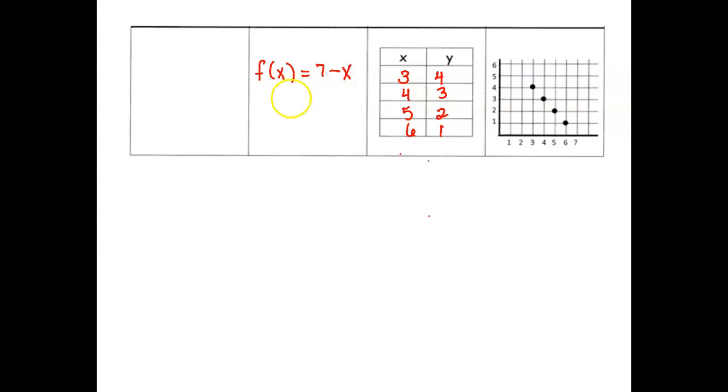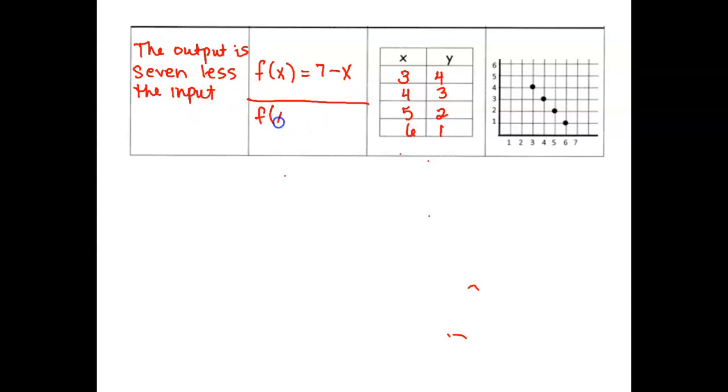And if that's the case, you can say the output is 7 less the input. Another way to actually write it would be like this.